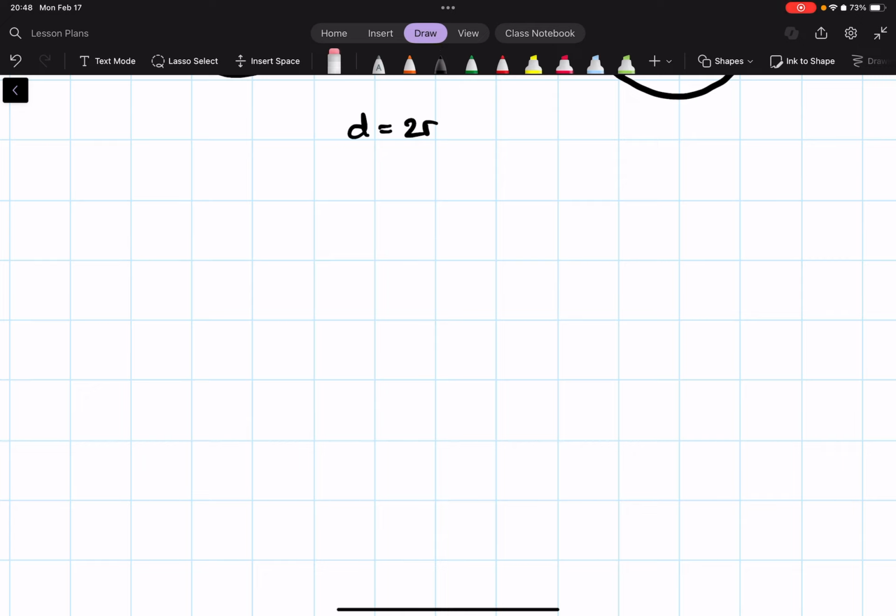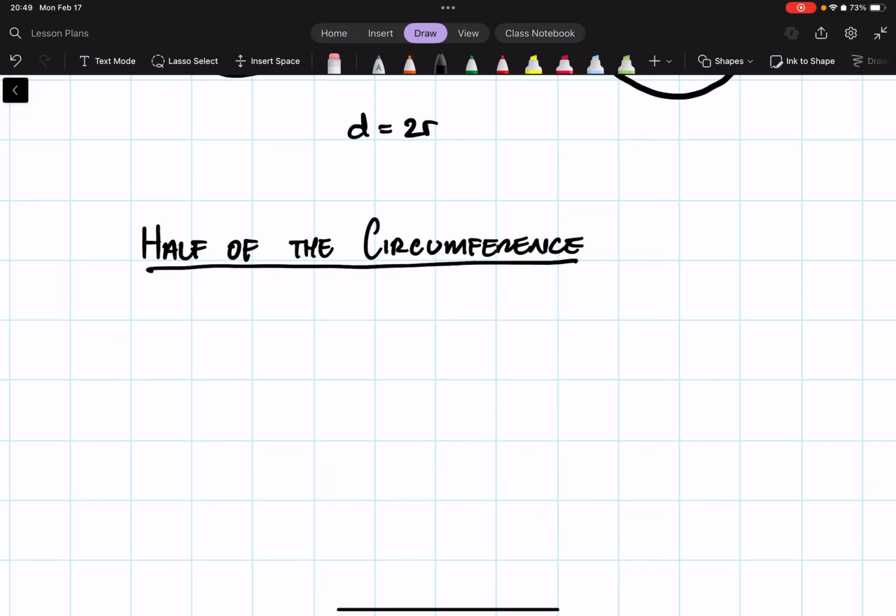Let's start by titling this half of the circumference. When you do half of the circumference, you are just simply getting the entire circumference right here, and you are trying to find out what one side to the other is.